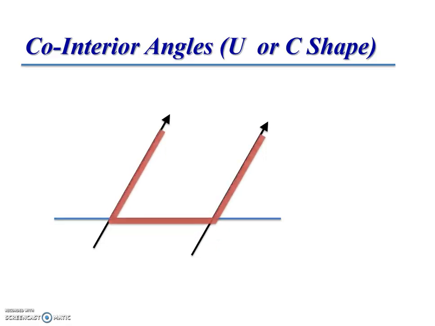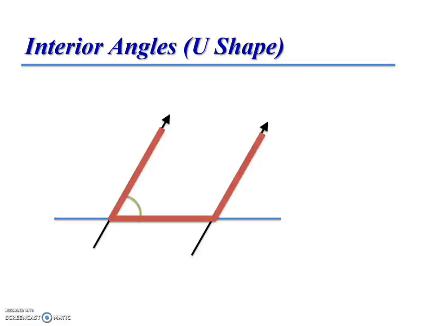Okay, it's here. Now, the U shape or the co-interior angle actually has a characteristic which is a bit different from what you have studied previously with the Z shape and the F shape, because the interior angle measures the angle inside.